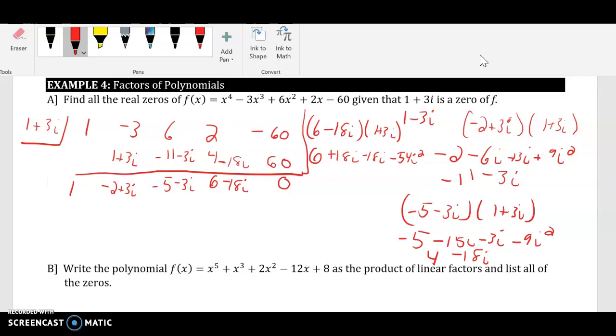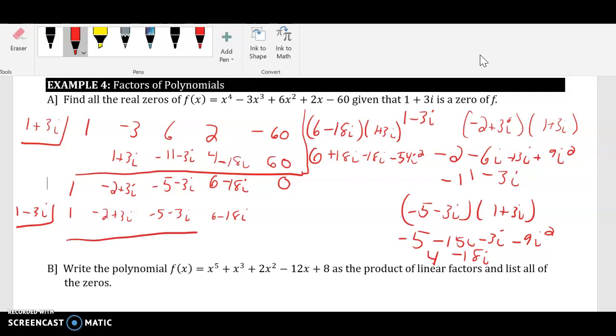They told us. So now what you need to do is take what you have. I'm going to recopy it. I'm also recopying it so I can drop the 0. I don't want to mess around with that anymore, leaving it there. So what else did I say a 0 was? 1 minus 3i.